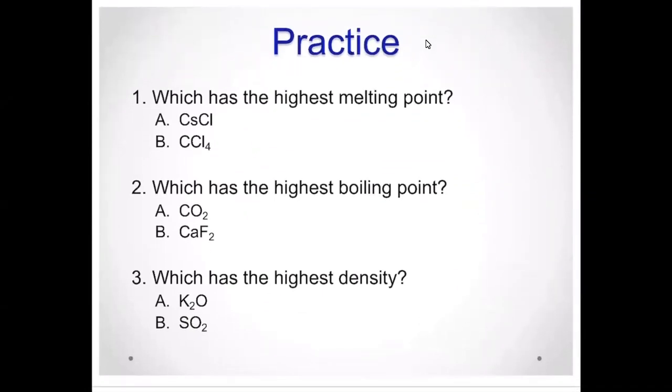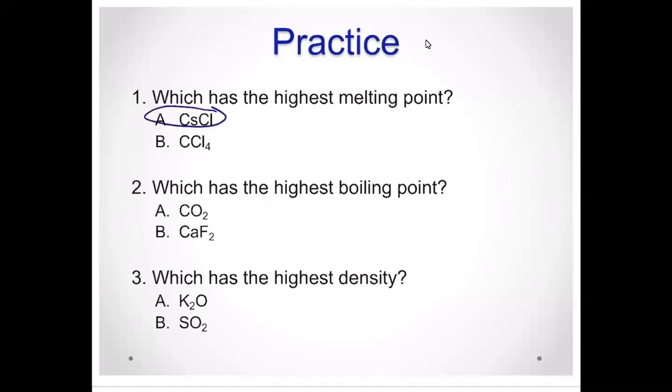Which has the highest melting point? What you want to do is decide whether or not it's ionic or molecular. So A, cesium with chloride. Cesium's a metal. This is a nonmetal, so that one's ionic. These are 2 nonmetals, so that's molecular. Which would have the higher melting point?